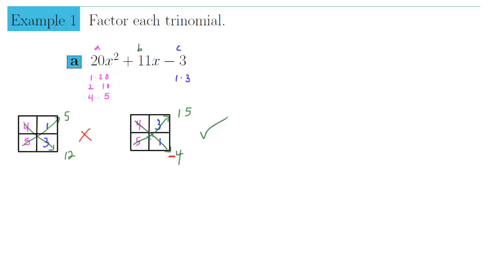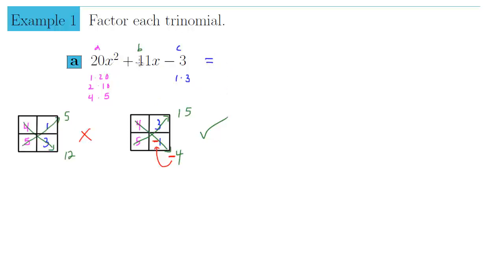In order to get a negative 4, we would need a negative sign in front of the 1. And now this box is perfect because 15 and negative 4 combine to 11, and 3 times negative 1 gives us our negative 3. So we've accounted for all the signs, and we can use this to read off our final answer.